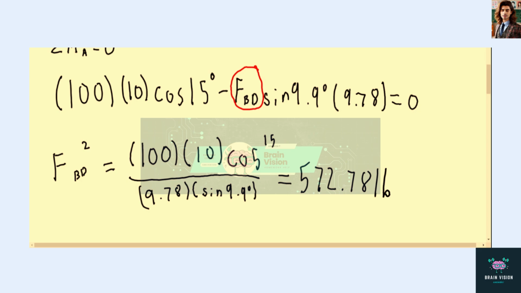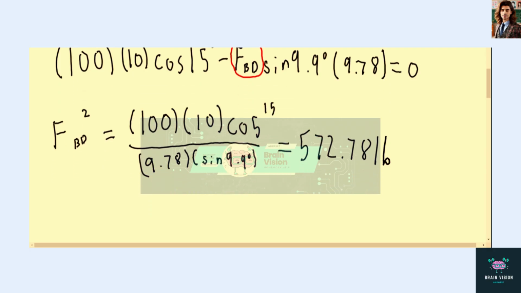Okay, next we're going to take this force here and find the x component of it. The x component of that force, which I'll call F of x, is equal to the force we just calculated times the cosine, since it's the x component, of 9.9 degrees.